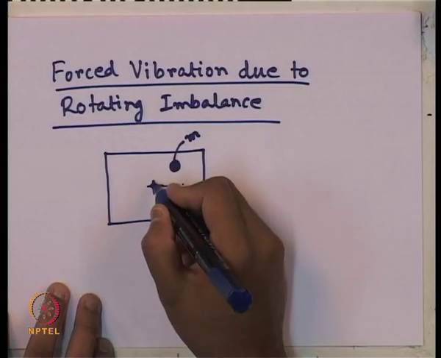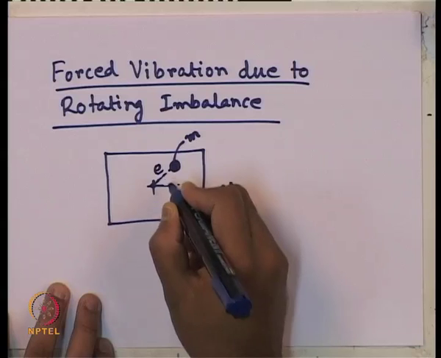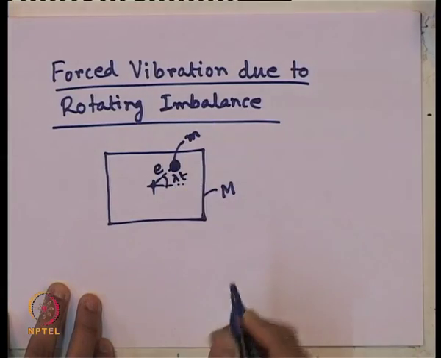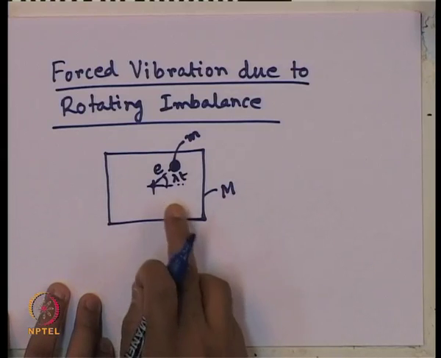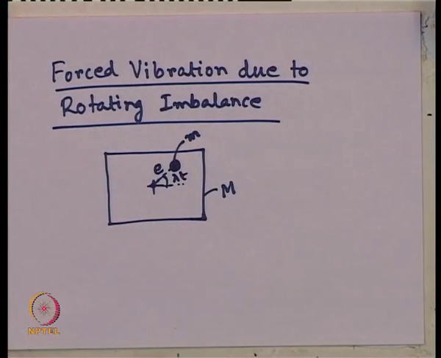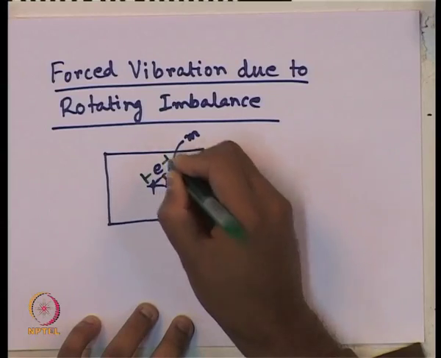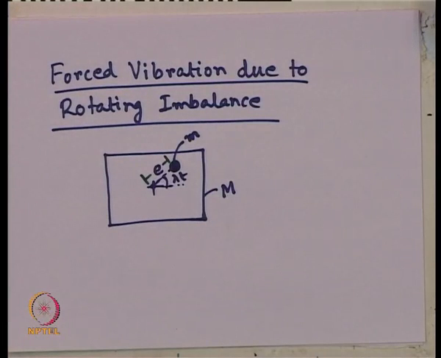So, let us say this is the value of the eccentricity E and the frequency with which it rotates is lambda. Okay. So, this angle I am expressing in terms of lambda t, and this magnitude of eccentricity of that small mass with respect to the CG of the main machine is E. So, this is the eccentricity with which it rotates.